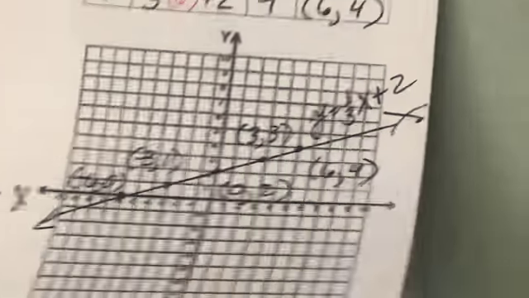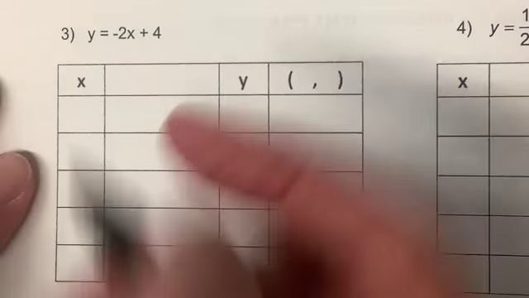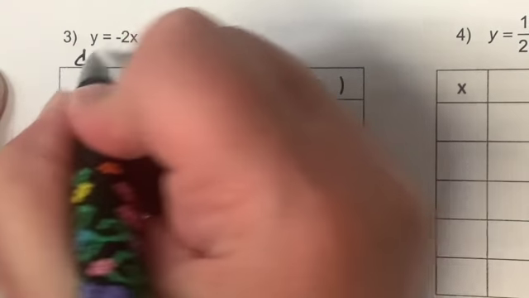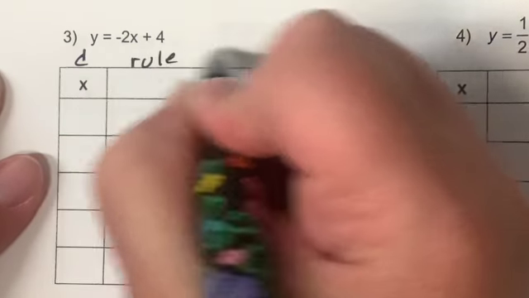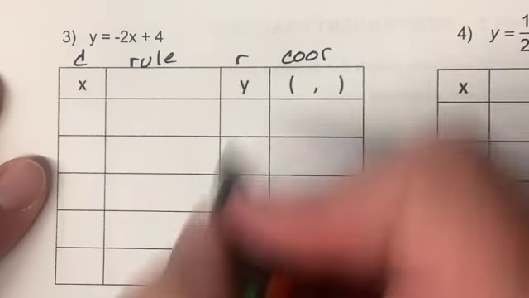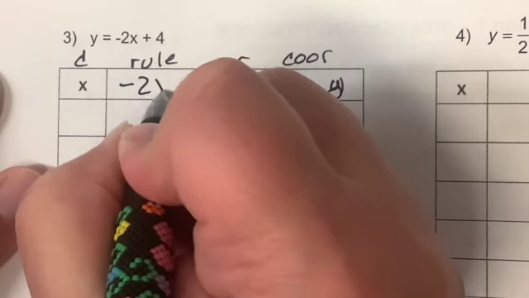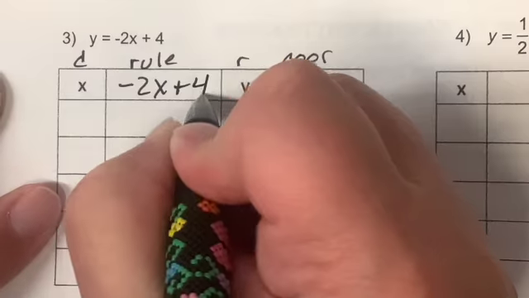Okay, next paper, 2 more problems. Okay, so domain, rule, range, and coordinate pair. Coordinate pairs are always x and y. The rule here is negative 2x plus 4.